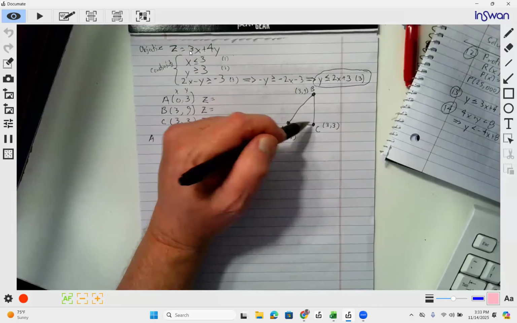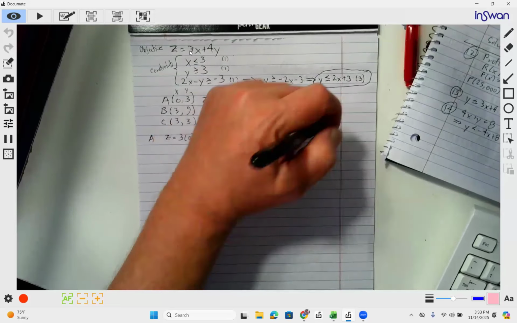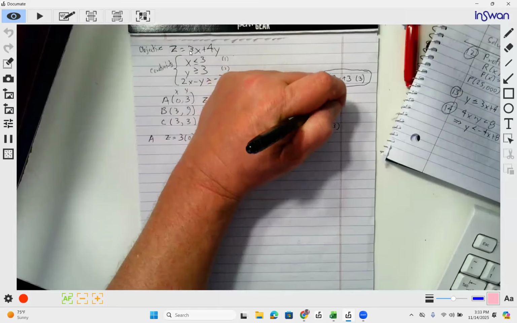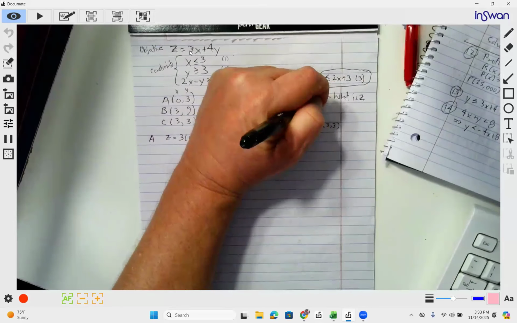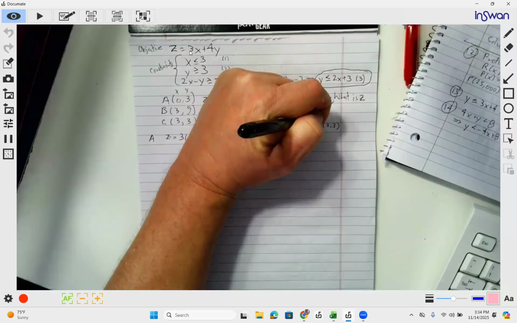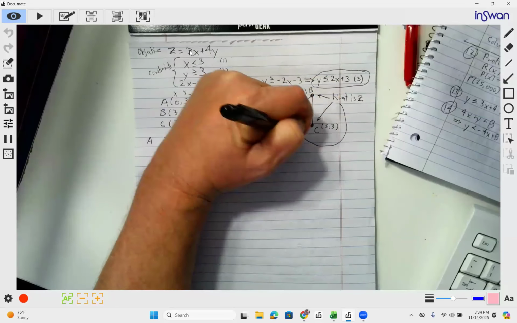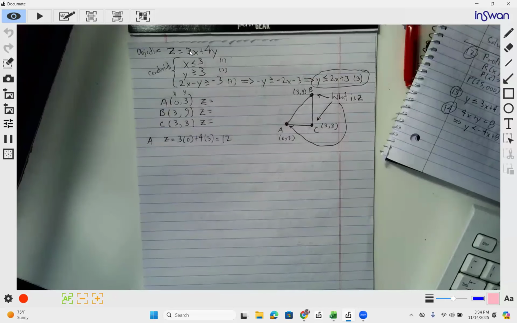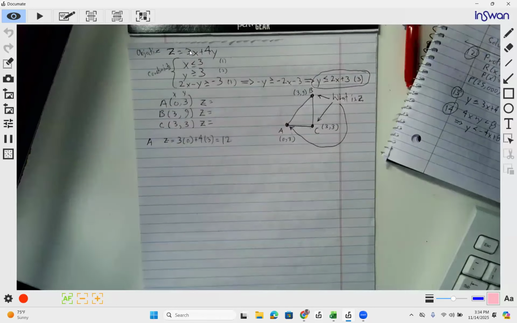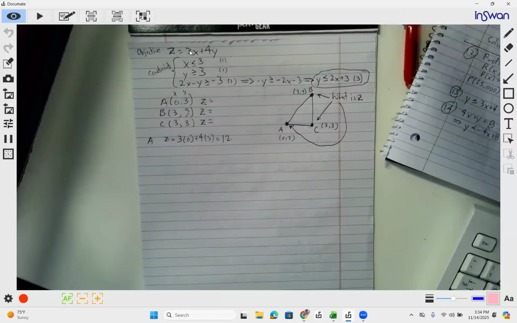So I'm trying to figure out what is Z equal to here, here, and there? What is Z at those 3 places? Does that make sense?